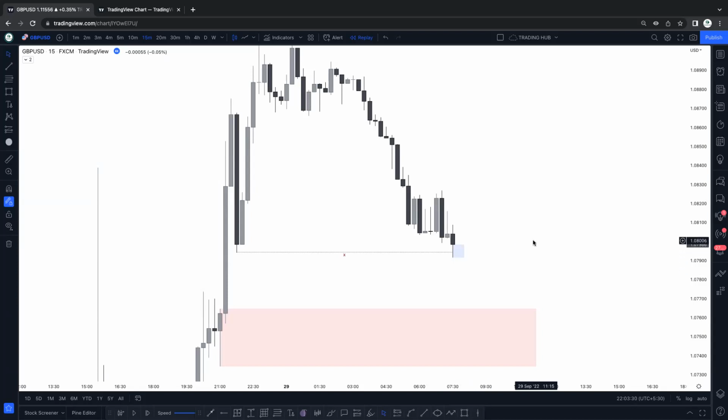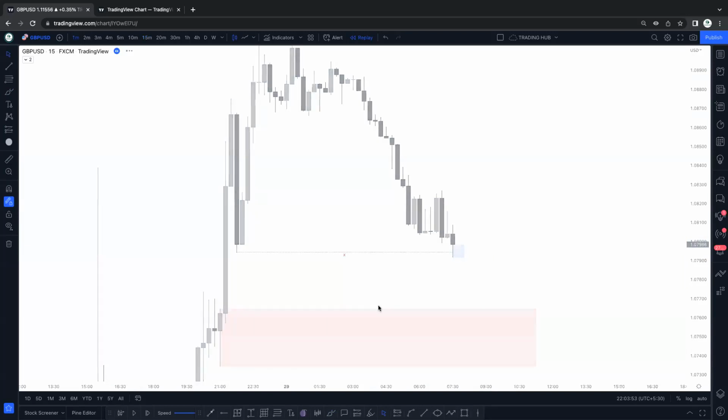Same process, the entry will be the same, right? So in this case, most of the time when the market takes out the inducement, we can generally buy here and put the stop loss just below it directly. The first possible entry is here for the buy, right? And the second entry is after a close below it, then you have to switch into 1 minute for the confirmation, right?